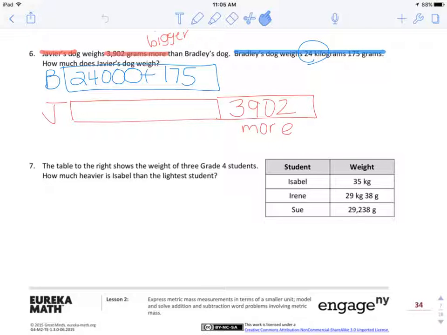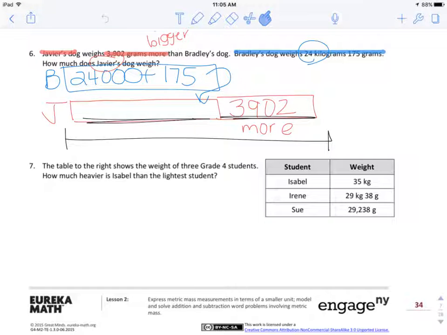So boys and girls, if you want to find Javi's dog, you first need to find Bradley's, plug that answer in here, and then add everything for Javi's dog. You're not going to add Bradley's, you're just going to add this piece and this piece.